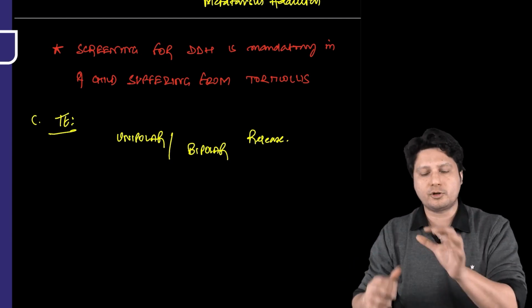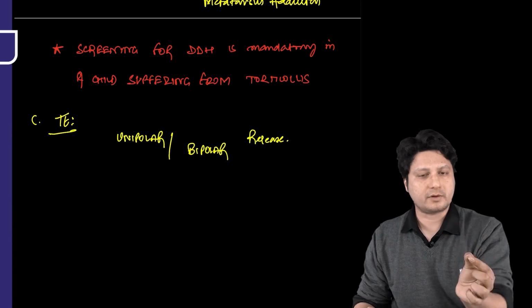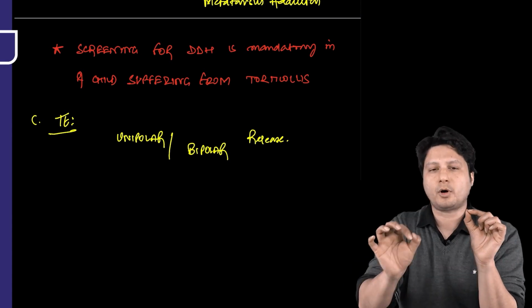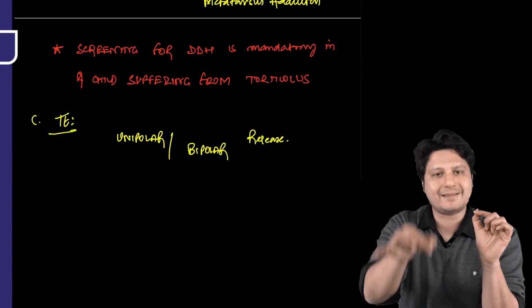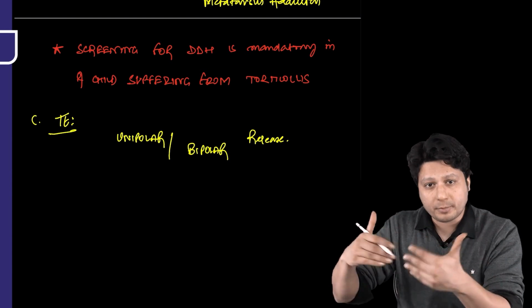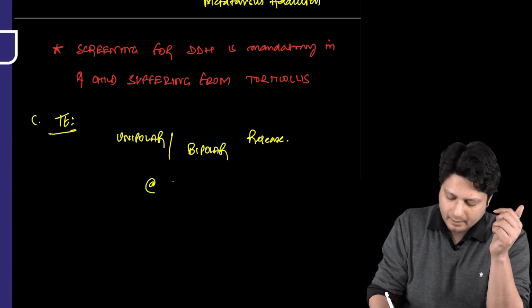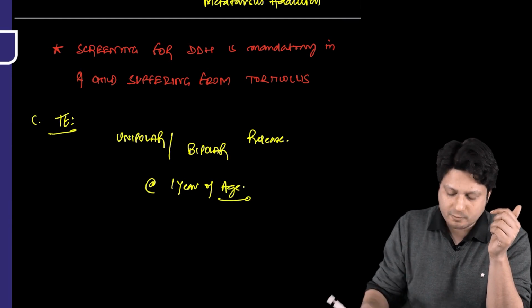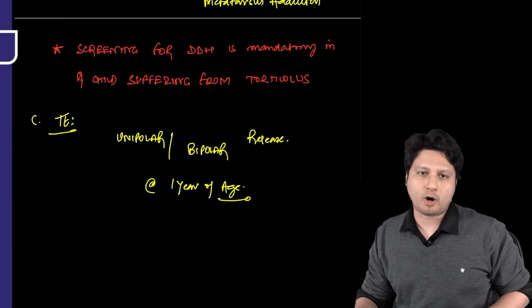It is not important for you to remember the name of the attachment that has to be released, but it is important at what age this release has to be performed. Unipolar or bipolar release is optimally performed at 1 year of age.